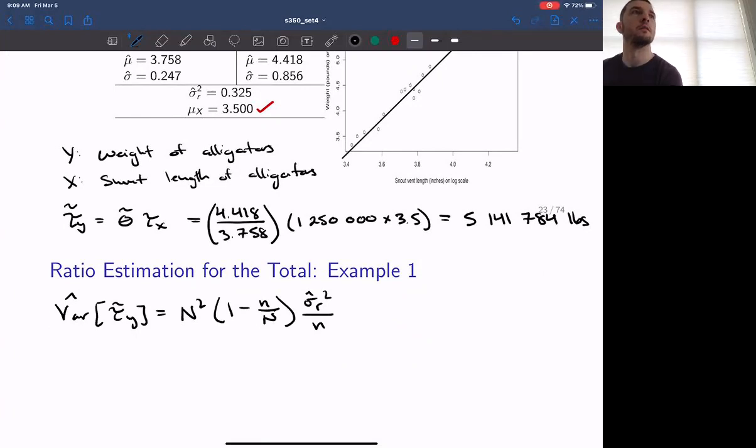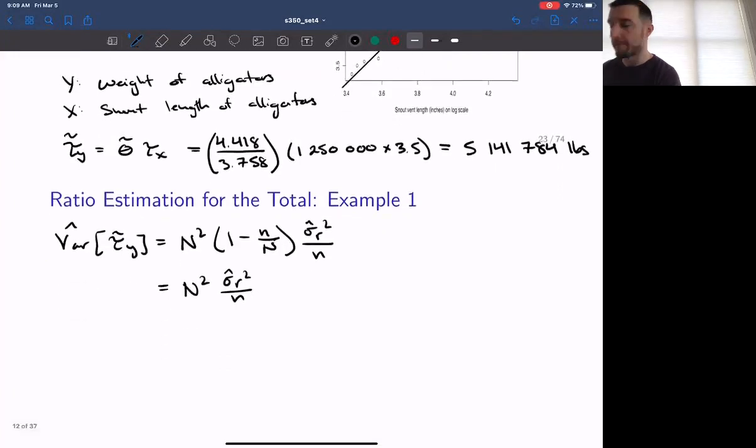So we can ignore the finite population correction in this case for the reasons given above. So now we have this. So this is going to give us 1,250,000 squared multiplied by 0.325 squared divided by 15.